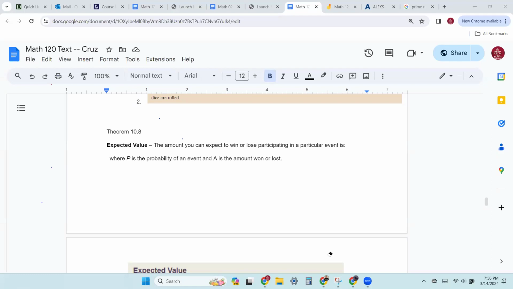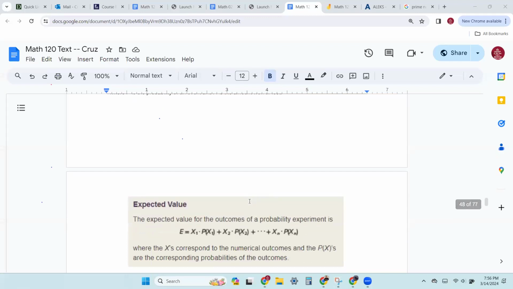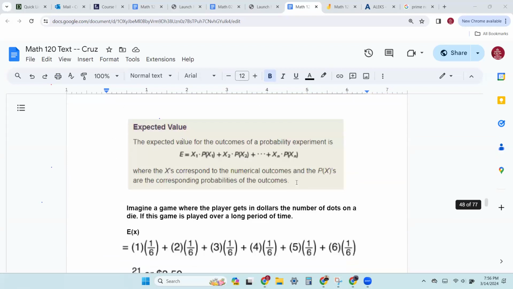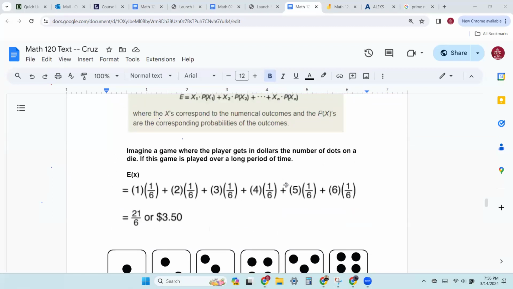It simply works like this. The expected value is just what the outcome is, that's what X is, times the probability of that outcome. And however many scenarios you have with win and lose, you just add them up. Sometimes it'll be positive, sometimes it'll be negative. So let's go through this briefly, and then I'm going to go through one from scratch.